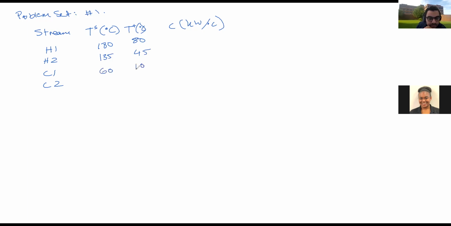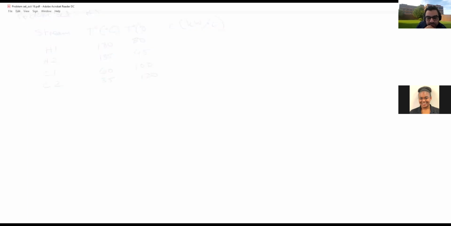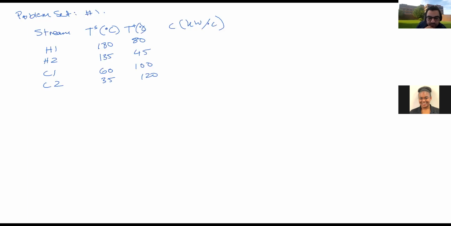And I'm given the heat capacity flow rates for this problem, which are 13.5, 27, 53.5, and the last one is 23.5.